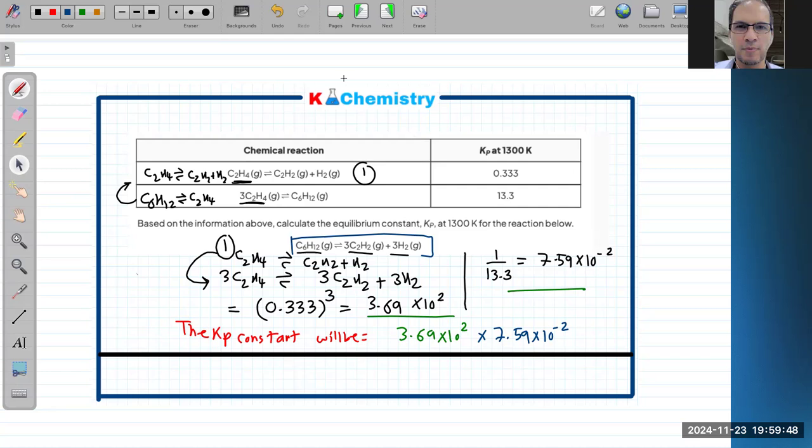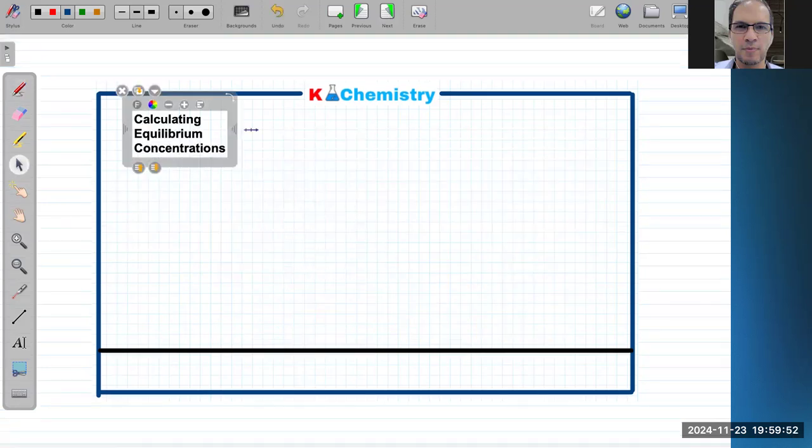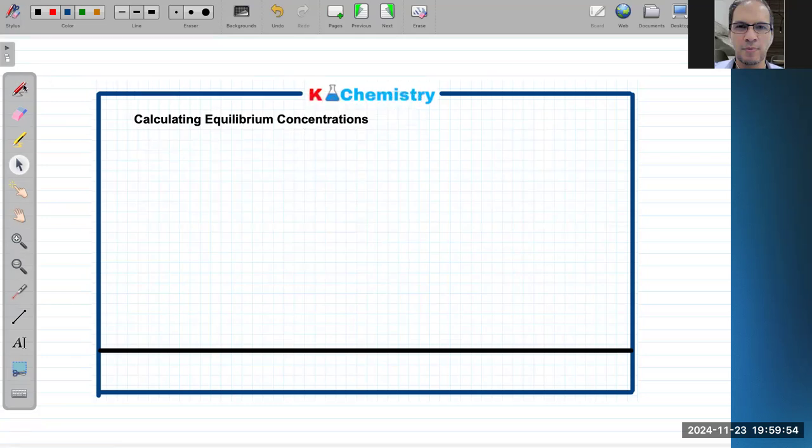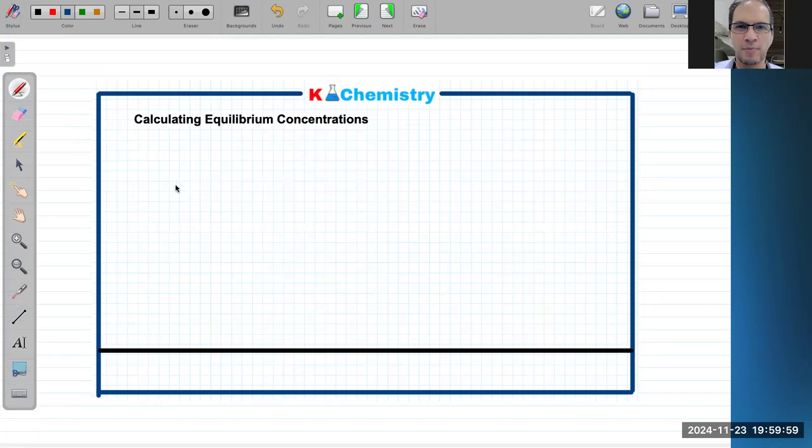The next topic in the equilibrium unit is talking about calculating the equilibrium concentrations. So to calculate the equilibrium concentrations, we said that we are using one of two things. Either he is giving me the values of the concentrations at the equilibrium, already at the equilibrium.